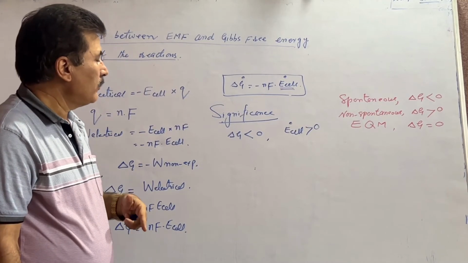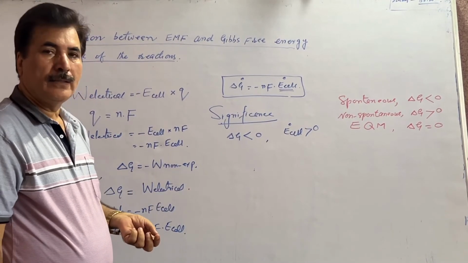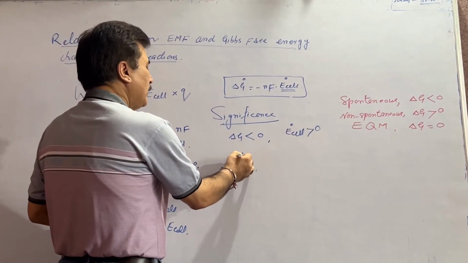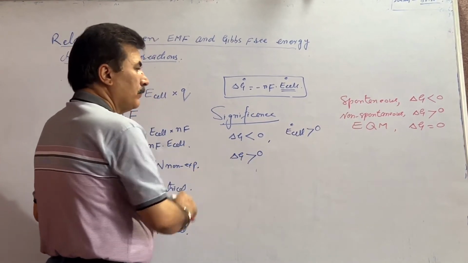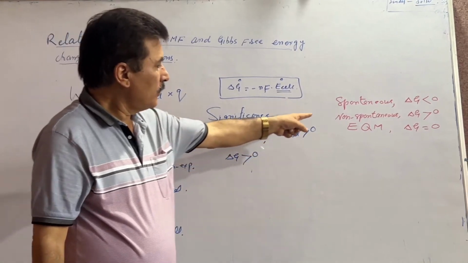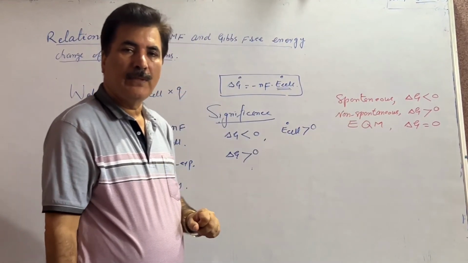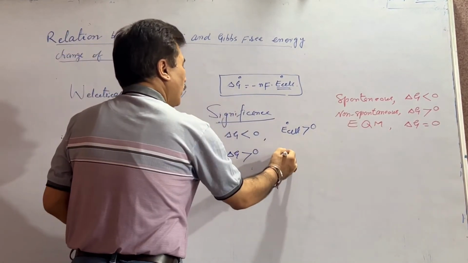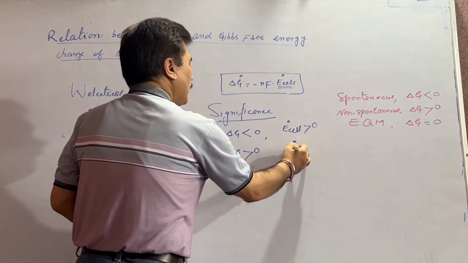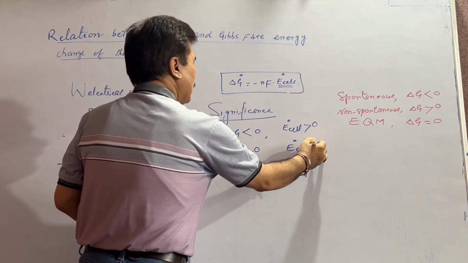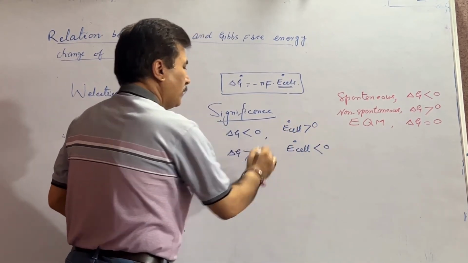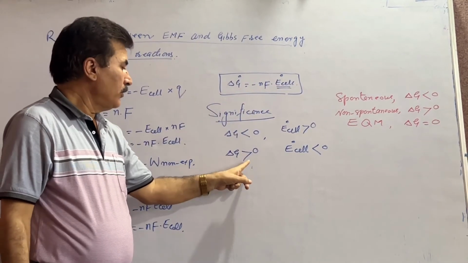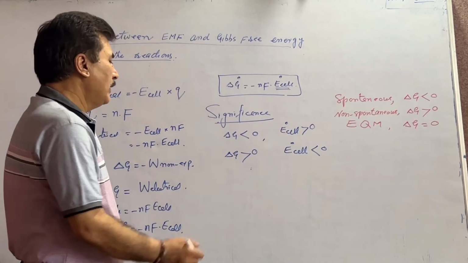Similarly, for a non-spontaneous process, delta G must be greater than 0, which is possible only if E naught cell is negative. Negative times negative will become positive, and delta G naught will be positive.